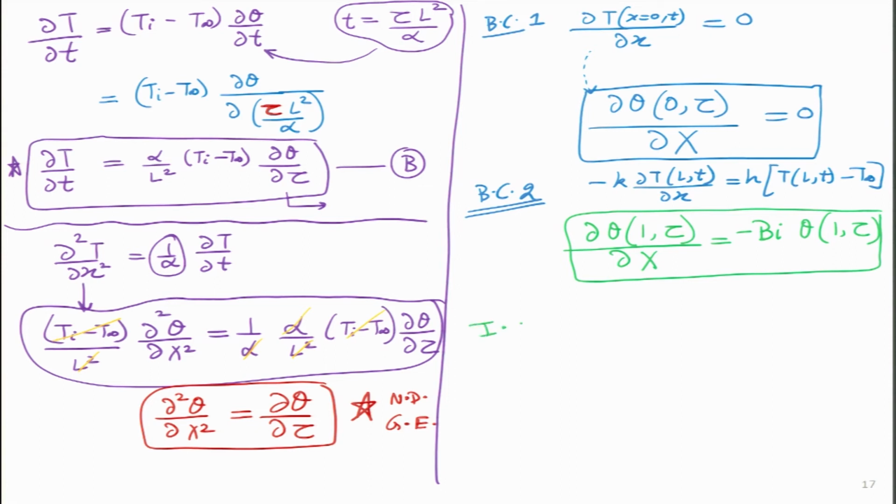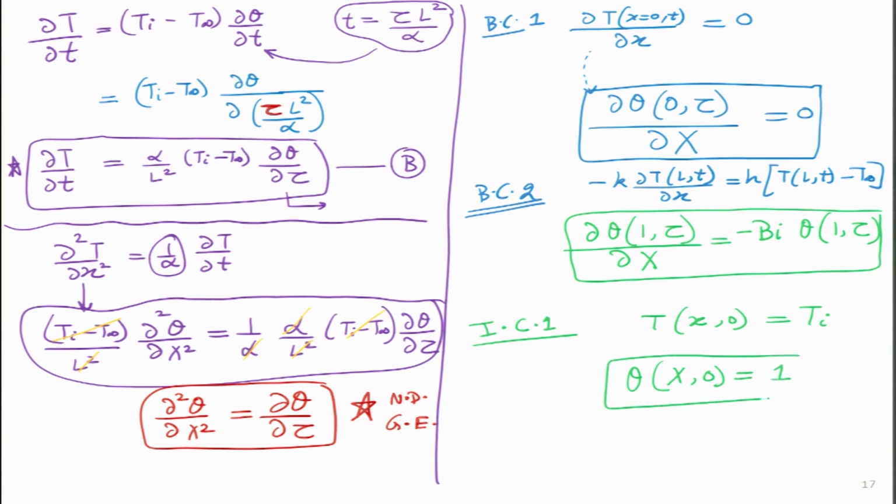Finally, we can non-dimensionalize the initial condition as well. The initial condition that we had written earlier was that at time 0, throughout x the temperature is Ti. If we non-dimensionalize it, it simply becomes theta at x comma 0 equals 1. Just see how beautiful these 4 non-dimensionalized equations turned out to be.